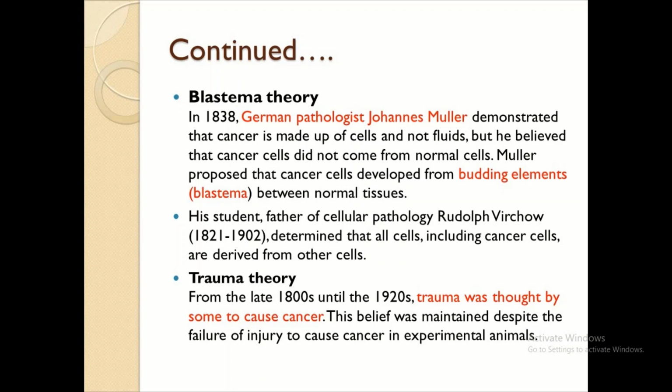This was disproved when people tried to make injuries in experimental animals to cause cancer, but these animals failed to develop cancer. From then onwards, they believed that the trauma theory was not a right theory.